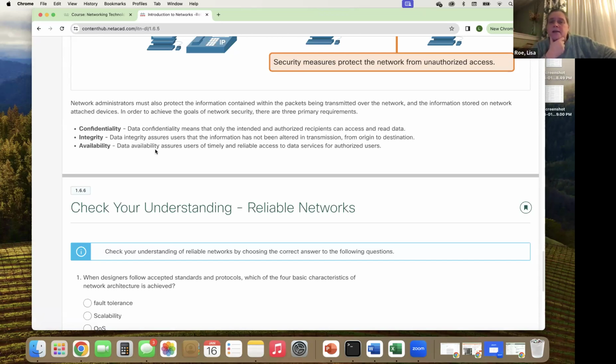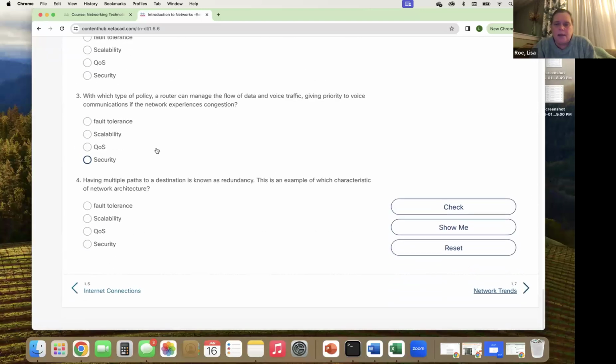So that information has to be available. When you need to get to school and you want to be able to log into BCC, you want it available. You don't want the servers down. You don't want to be told that you can't get into your account because their servers are down or the internet access is down. We want to make sure that the people who need to get to the data can get to the data. Okay, that's what we mean about reliable networks.